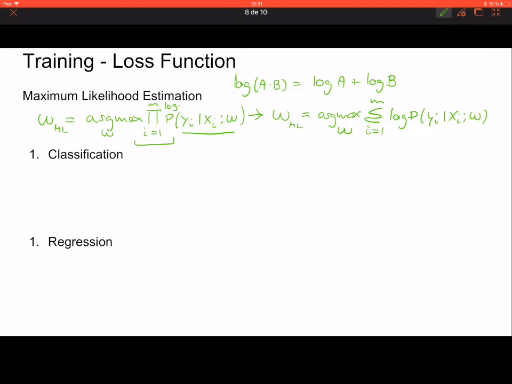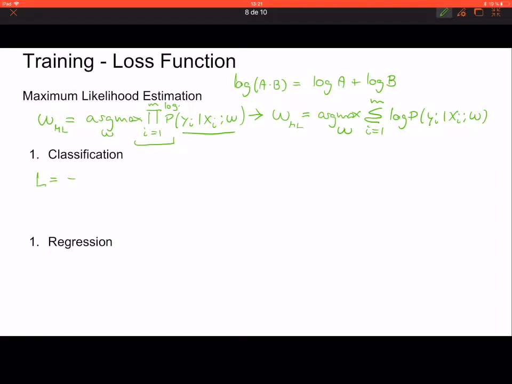Okay, so that means that for a classification task, instead of maximizing this, we normally prefer to minimize. There's actually no reason, but it's easy to think about minimizing the error rather than maximizing.